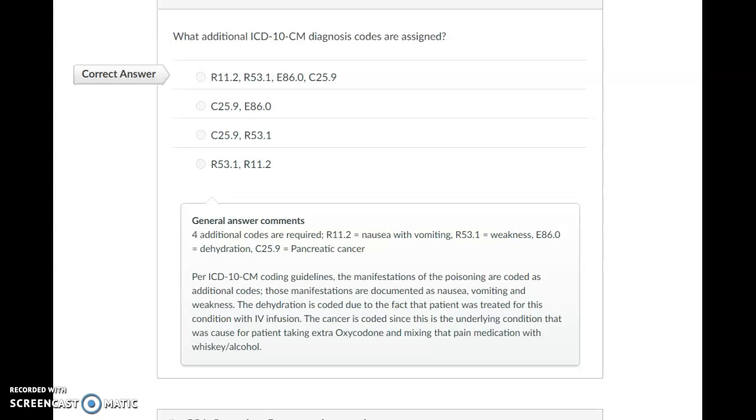So nausea, vomiting, weakness, dehydration, we're going to code too because they were treated with IV infusion. Cancer is also coded because it's the underlying condition which caused this patient to take the extra medication. And then when that didn't work, they took it with the whiskey, with the alcohol. So we have four additional diagnoses as stated.